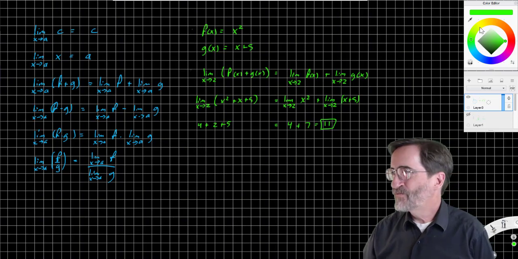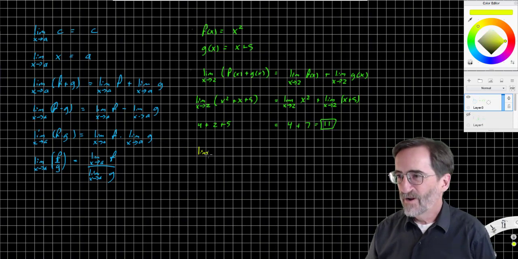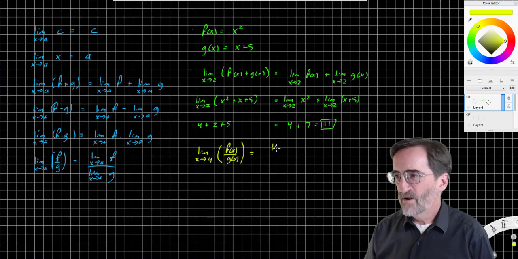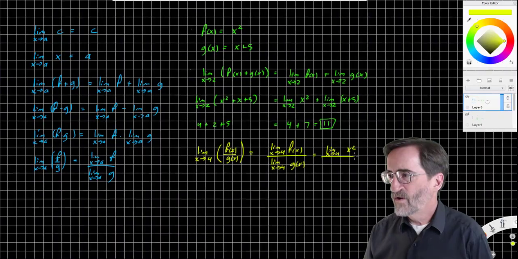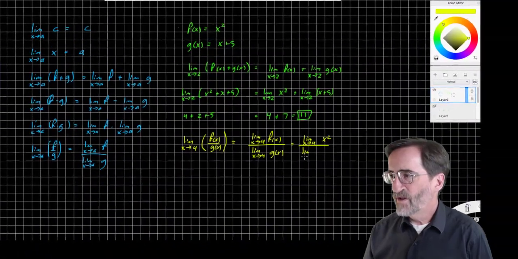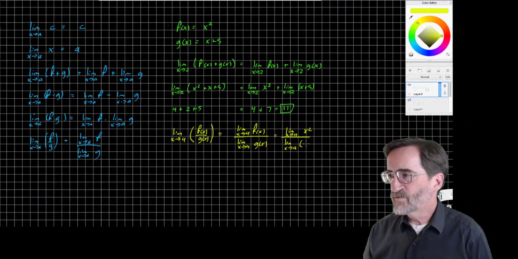Let's do the limit as x approaches 4 of f divided by g, which is the limit as x approaches 4 of f divided by the limit as x approaches 4 of g, which is the limit as x approaches 4 of f, which is x squared, divided by the limit as x approaches 4 of g of x, which is x plus 5.